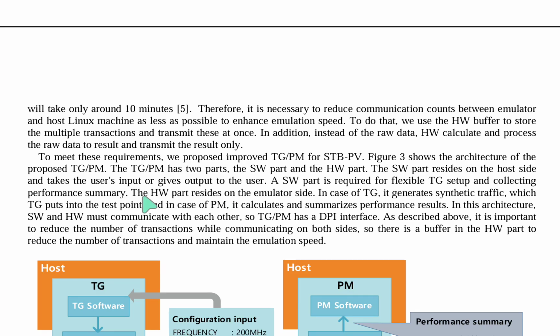And the hardware part resides on the emulator side. In case of TG, it generates synthetic traffic, which TG puts into the test point. And in case of the PM, it calculates the summarized performance result.